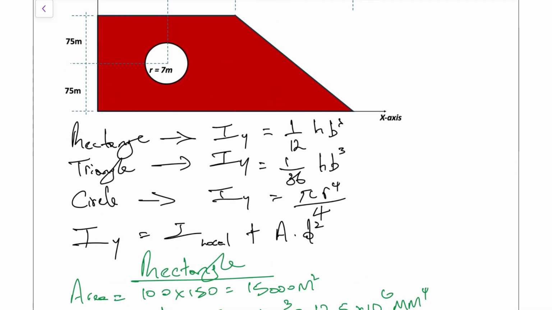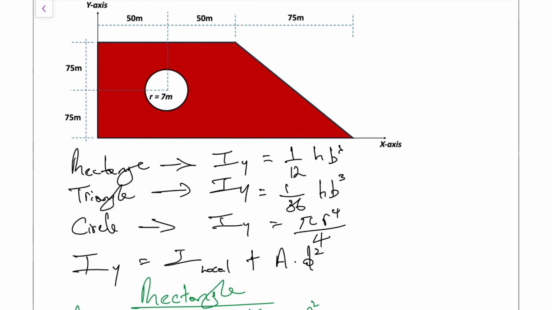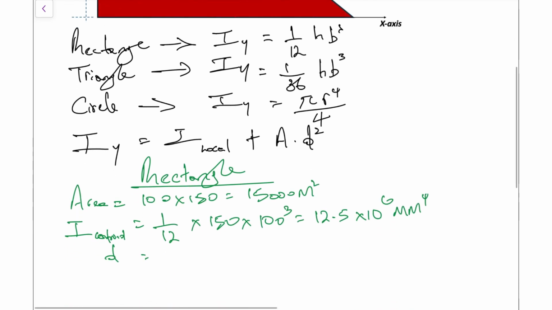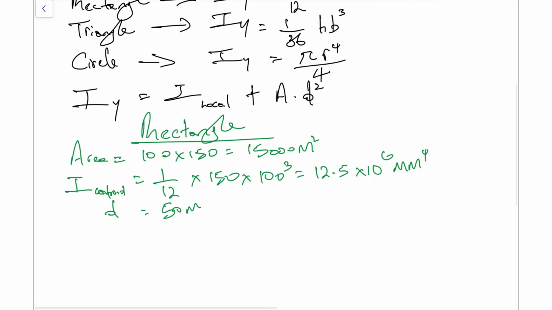So our distance will be half of that 100. Our centroid would be right there in the very center for the rectangle. So that distance in relation to our y-axis is going to be 50 millimeters. So all we have to do next is to do our area multiplied by distance squared. So that's our next step.